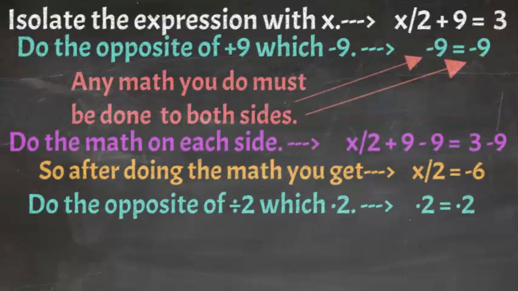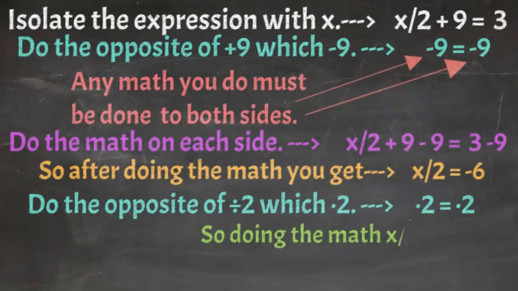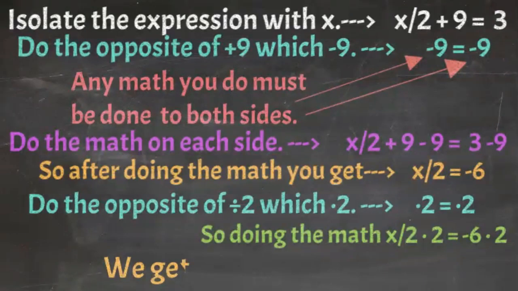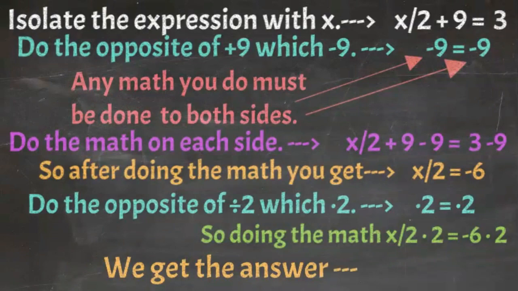Notice 1 on each side, times by 2, times by 2. So doing that math, we get x divided by 2 times 2 is equal to negative 6 times 2. We get the answer: x is equal to negative 12.